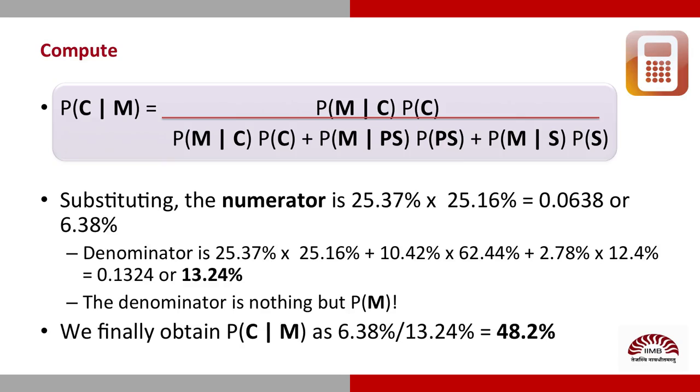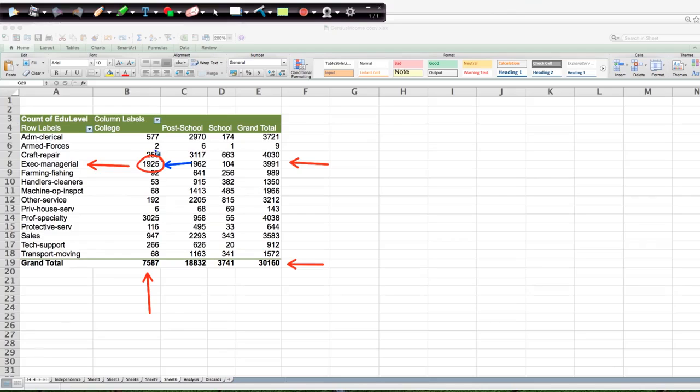Yes, so we drop the percent sign, work with the numbers directly, and get the ratio finally as 638 over 1324, which gives us 0.482 or 48.2%. If we had perfect information, we would simply look up the manager's row and revise the prior P of C, which was 25%, with the posterior P of C given M as 1925 over 3991. This would give us 48.2%.